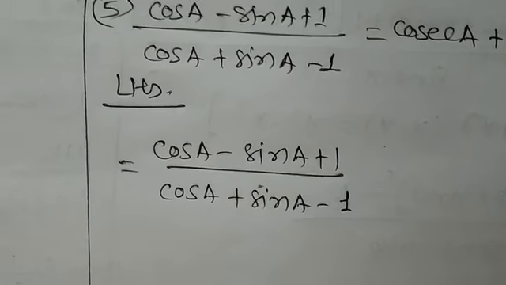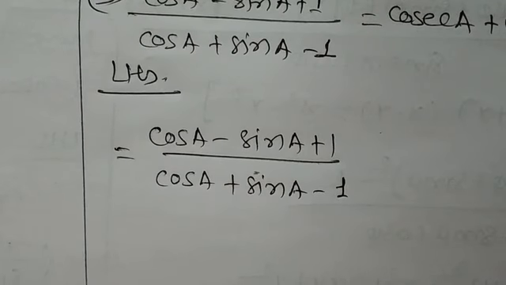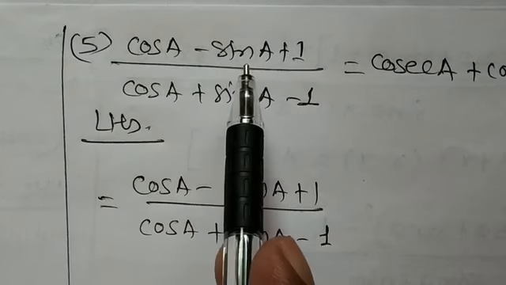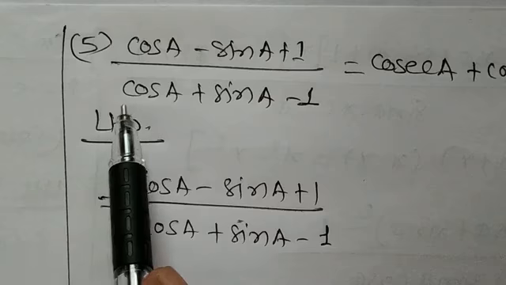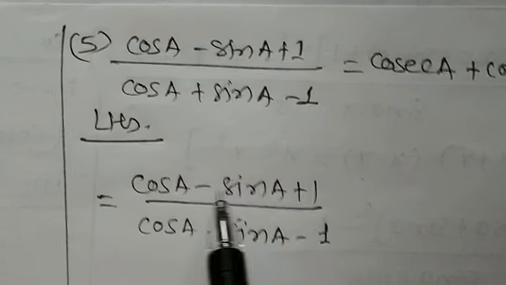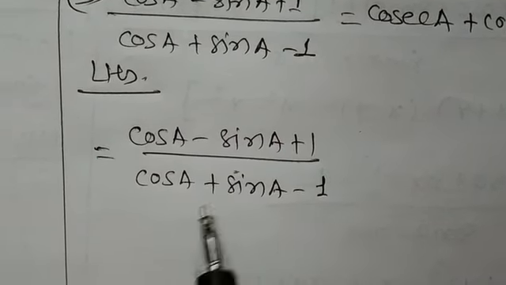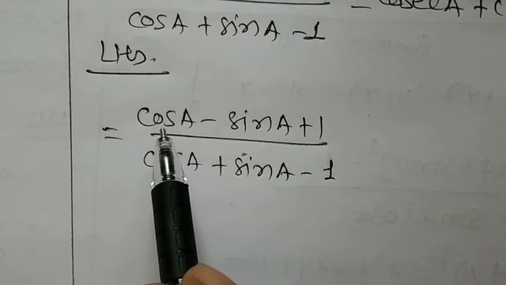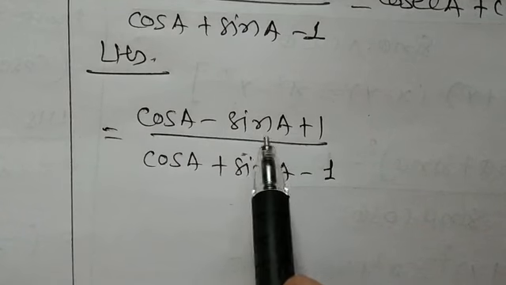We take the left hand side, that is cos A minus sin A plus 1 upon cos A plus sin A minus 1. Now convert this in terms of cosec and cot. Cos by sin will be cot, and 1 by sin will be cosec.